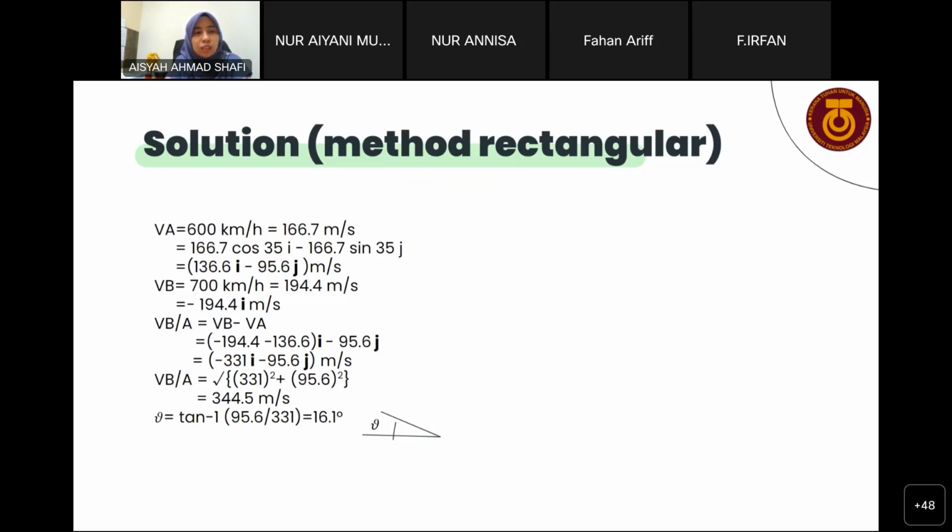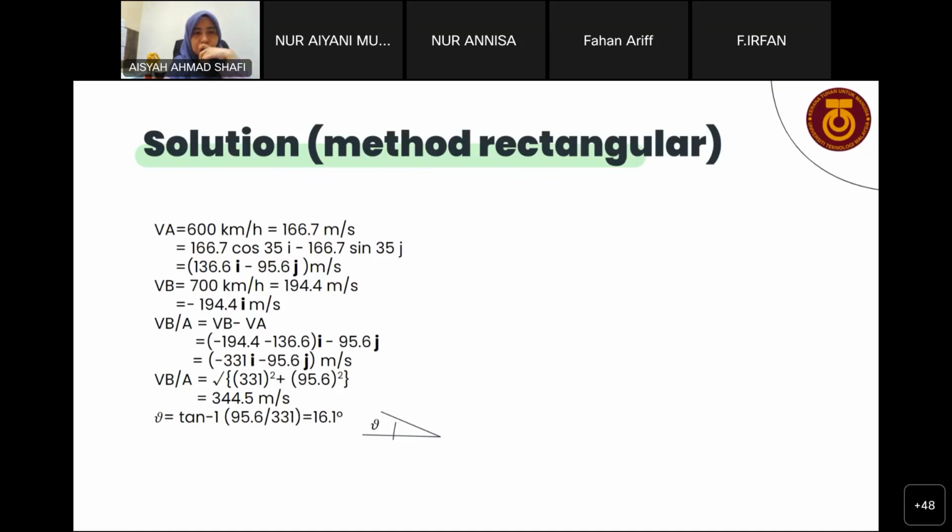The formula for VB minus VA has the i and j, but for the VB it only has i. And Hui Yin asked me why that means VB minus VA only takes the negative 65.6j, not 0 minus 65.6j.